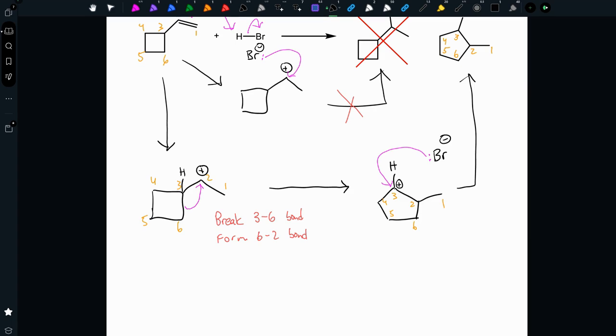So you might ask yourself, well, what's the driving force for this step? Well, here I had a secondary carbocation. I still have a secondary carbocation after that alkyl shift. So that's not the driving force in this case. But what I did do is I went from a 4-membered ring to a 5-membered ring.